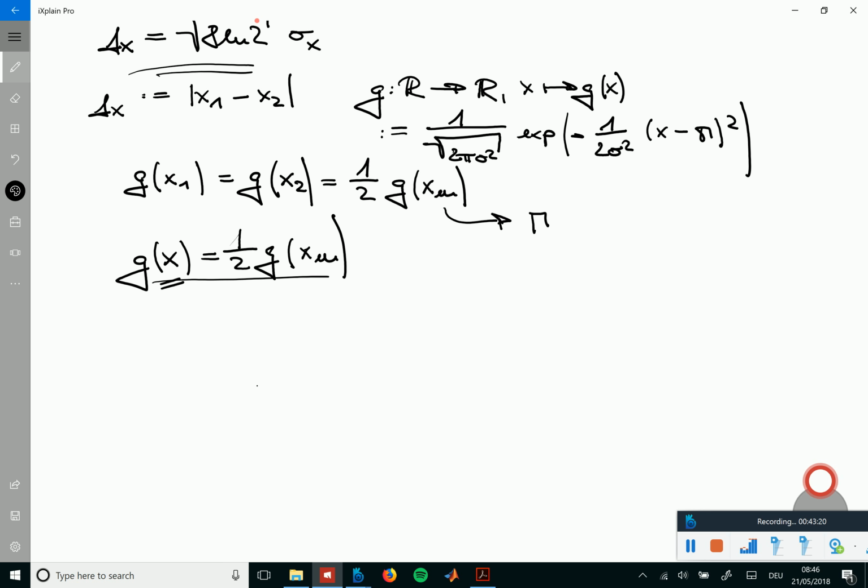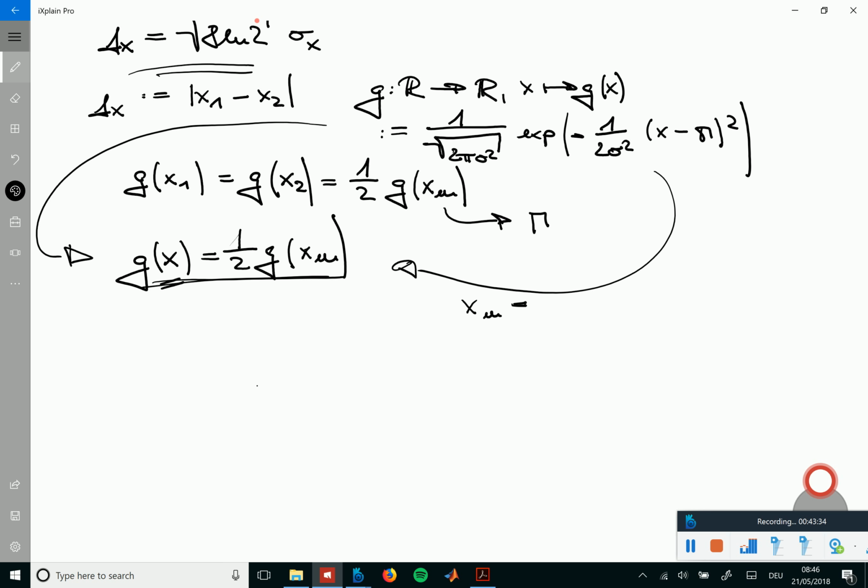So we start from this, and then we plug in this function and also this function, but for x max, which then will be mu. And we are led essentially, after some reformulation, to the equality 2 ln 2 sigma square.